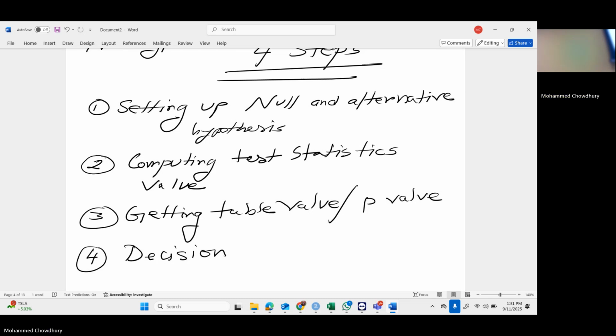Okay. So let us start with a real life small example. I want to see whether it will be accepted or rejected.